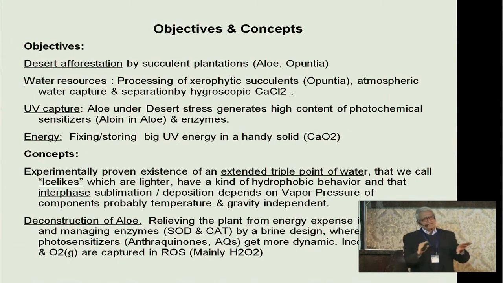But there's a mechanism of survival, which is acquiring solar radiation, especially UV, transforming that into hydrogen peroxide via the photosensitizers. The first step is to activate oxygen, and then the SOD, superoxide dismutase, changes that to hydrogen peroxide, and then you have the catalase that decomposes the hydrogen peroxide, right?